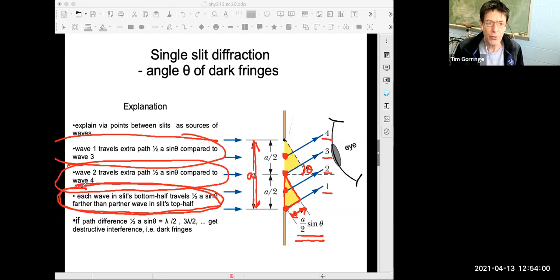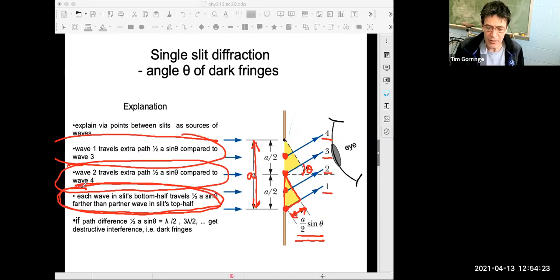Now, here's the key point. If that extra distance, 1/2 a sine theta, corresponds to 1/2 a wavelength of the light, or 3/2 a wavelength, or 5/2 a wavelength, what happens then?